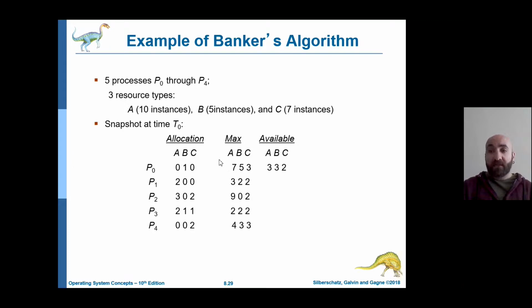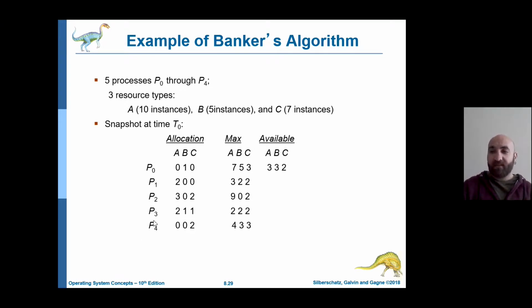Also, we know the maximum needs of P0. So we know that P0 can request a maximum of 7 instances of A, 5 instances of B, and 3 instances of C. So this is the max matrix, the maximum number of potential requests by the processes.